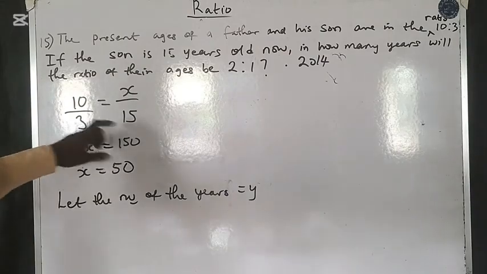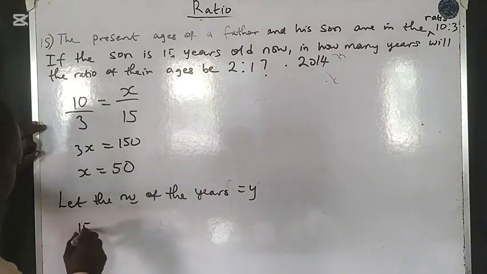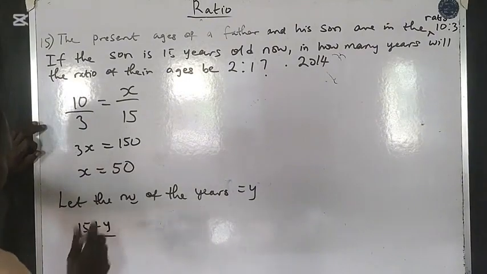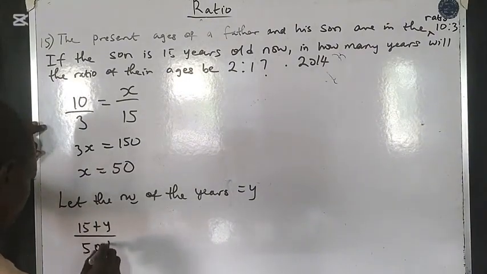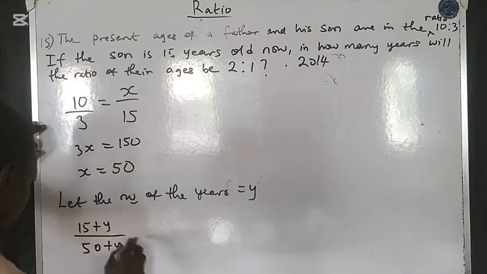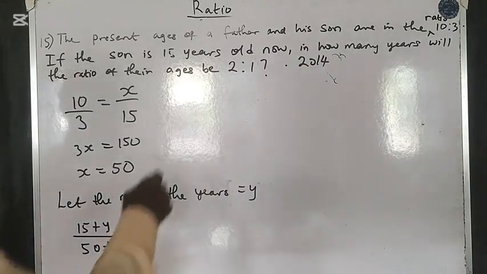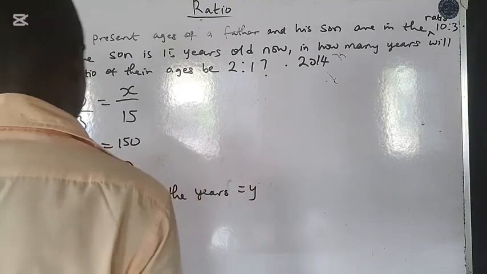The present age of the son is 15, so 15 plus y. The present age of the dad is 50, so 50 plus y. Plus y stands for the number of years. The ratio of their ages will be 2:1.